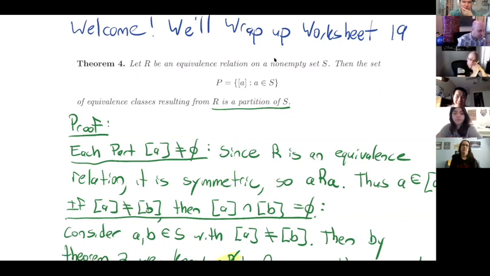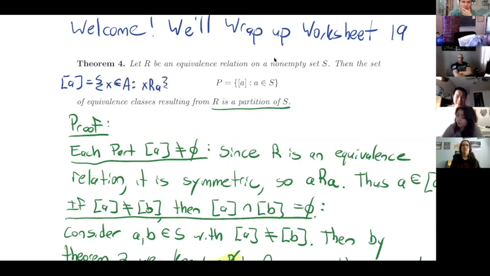Just some reminders, an equivalence class of A is the set of all elements in the set that are related to A. So what we'd like to show is that these classes form a partition.